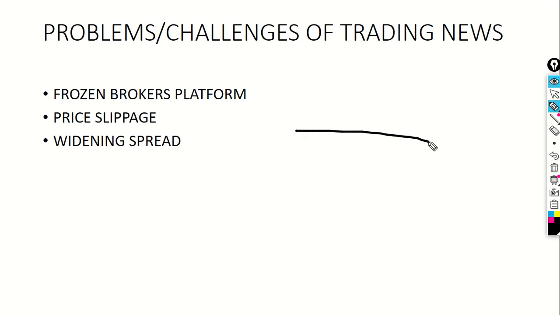Okay, and there's widening of spreads. Spread is the difference between the bid and the ask. So we have two lines on price in here, the bid and the ask, and the difference of these numbers is the spread. So if it's from here to here, 4 pips, our spread will be what?